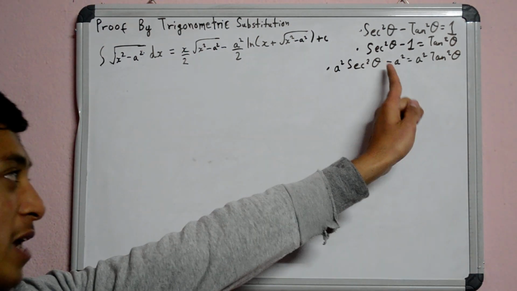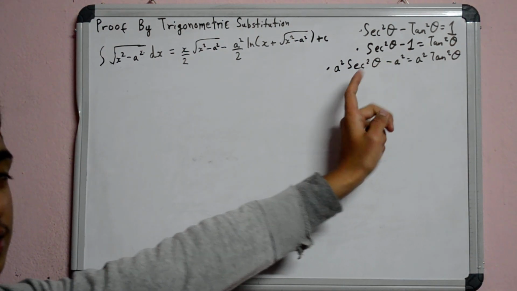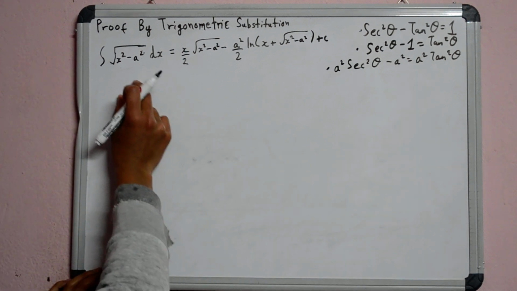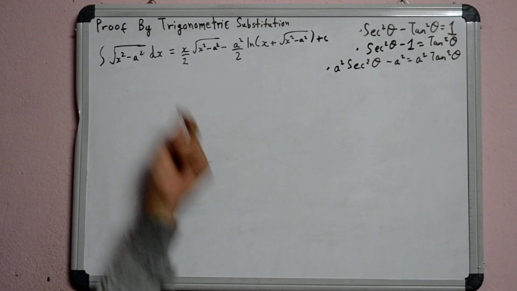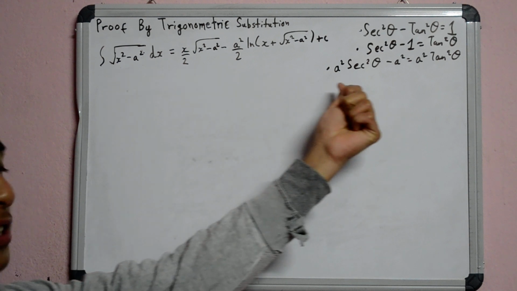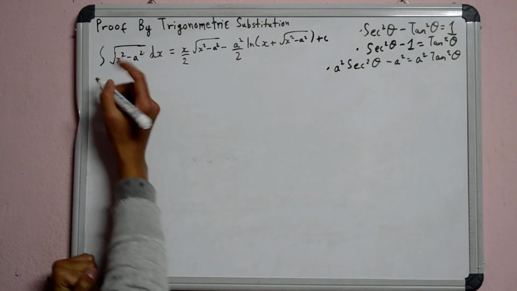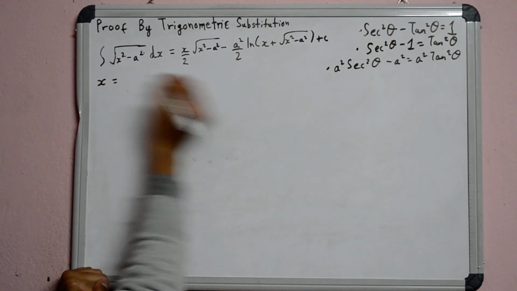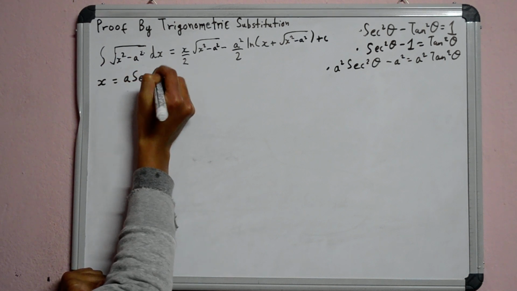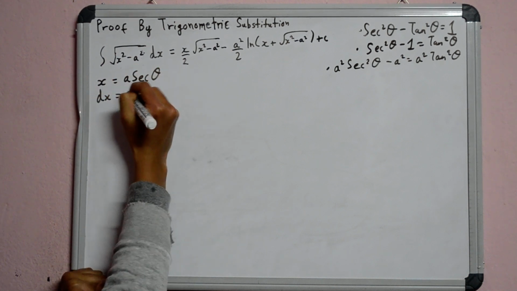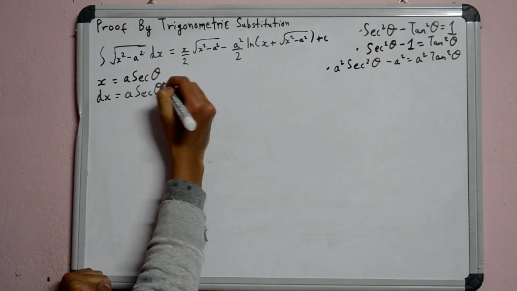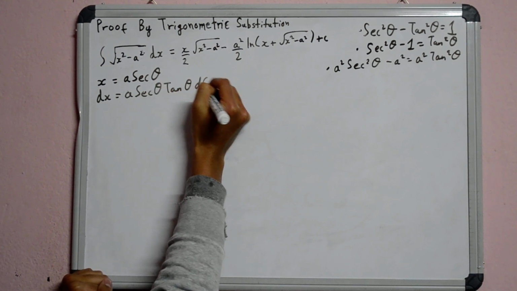So now we have minus a square, and on the left we have a square sec square theta. So that means instead of x, we can simply put a sec theta and proceed further. So x equals a sec theta, and now differentiate both sides. You'll get a sec theta tan theta d theta.